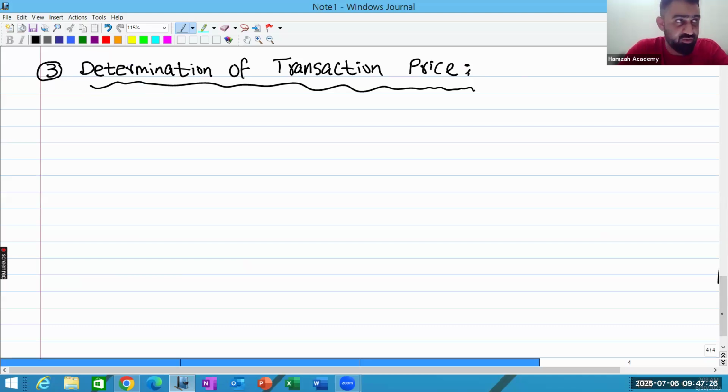So in step number 3, we have to determine how much amount we expect to receive as a consideration from our customer. Now, in that determination, there are a number of factors which I will be considering.